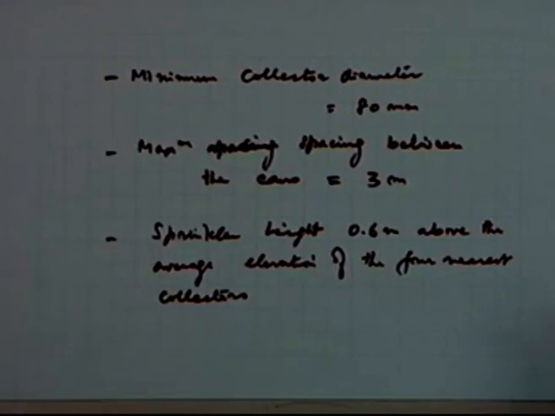So the level of the sprinkler head should be at least 0.6 meters above the 4 nearest collectors.